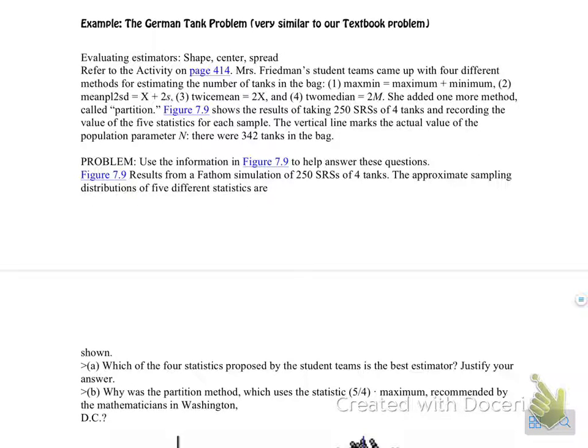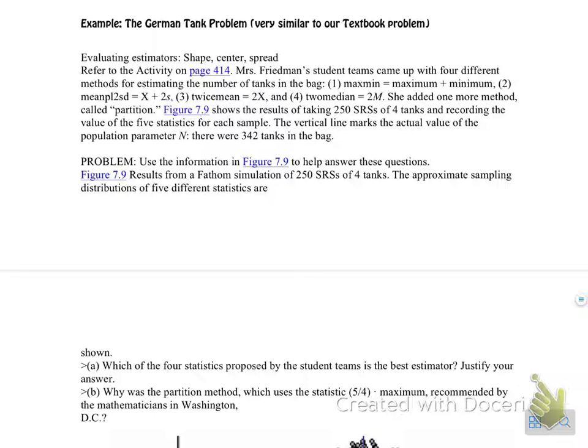In this case, we're talking about German tanks, and it goes back to World War II, when the Allies would capture a bunch of German tanks, and each tank had a serial number on it. The Allied forces wanted to know how many German tanks there actually were, because if you're an army fighting the Germans, that's probably a really useful thing to know.